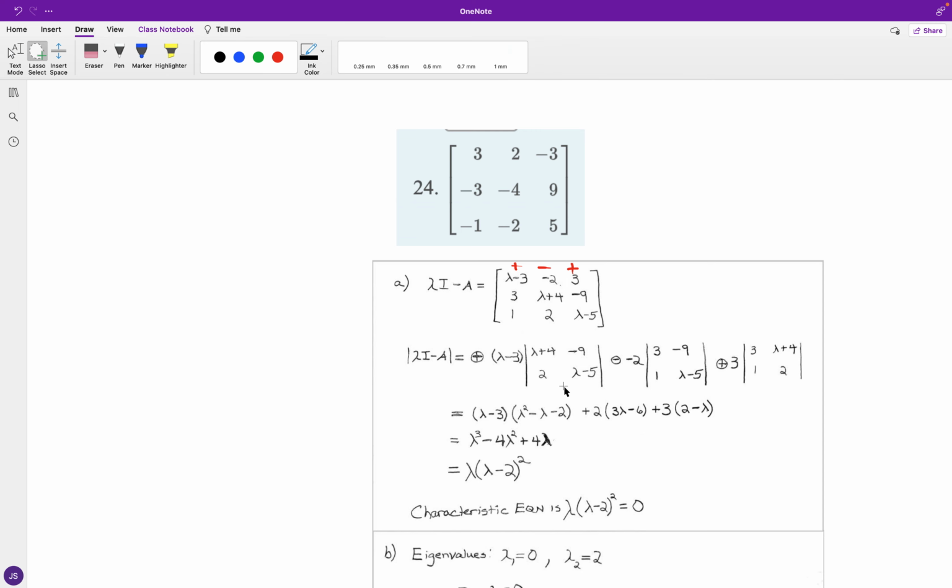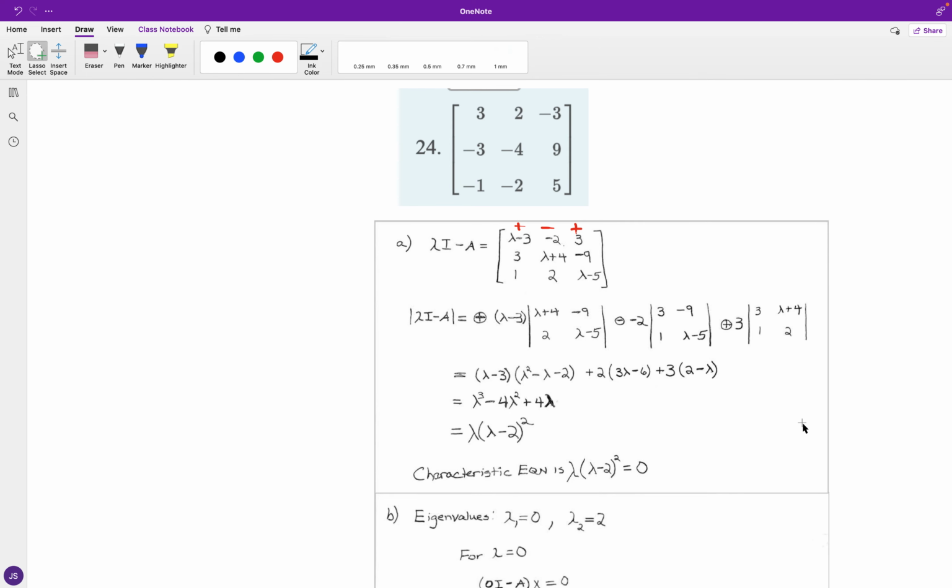So we have the 2 by 2 array with lambda plus 4, negative 9, 1, lambda minus 5. And then we have minus negative 2, and for the minors and cofactors, the 2 by 2 array is 3, negative 9, 1, lambda minus 5. And then we have plus 3 times the 2 by 2 array with 3, lambda plus 4, as well as 1 and 2.